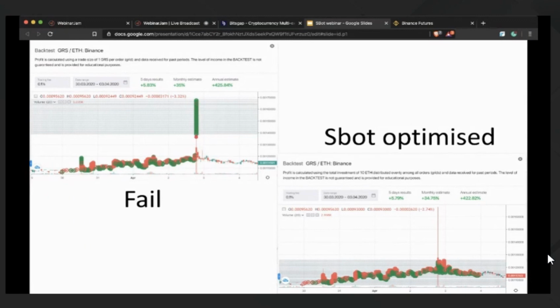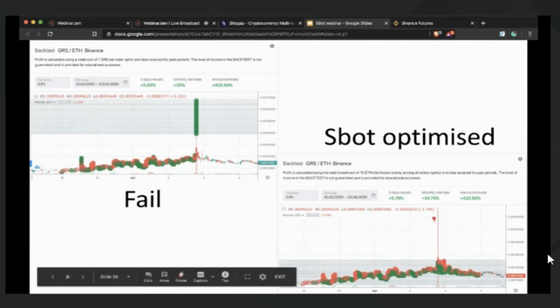Then that means that all of the base currency that the unoptimized bot bought here will be significantly affected by the negative value change as the price then, as instantly as it moved up, moves downwards. In case of the optimization, like what we have in the Sbot algorithm, it avoids such extreme volatility cases.